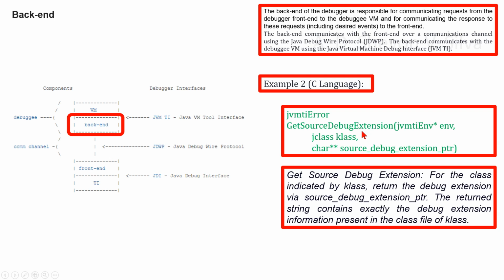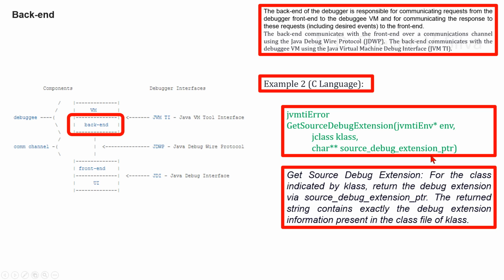As example 2, we can consider this code, also in C language. GetSourceDebugExtension for the class indicated by klass returns the debug extension via source_debug_extension_ptr.